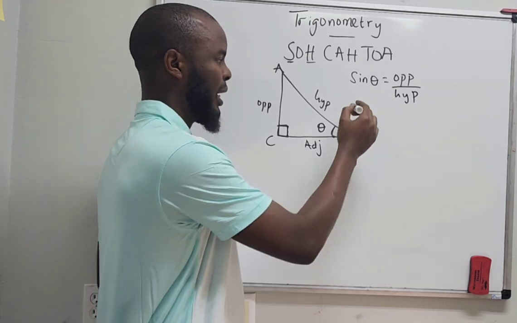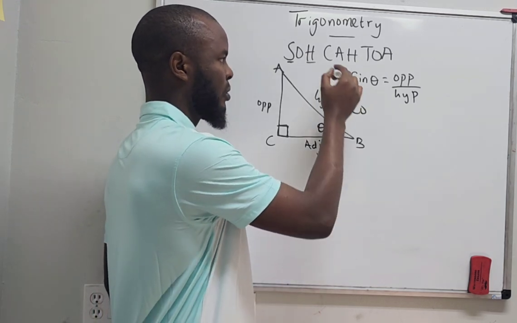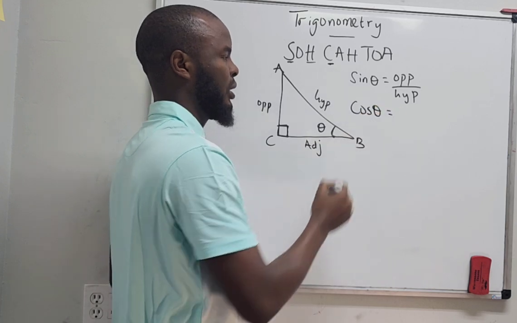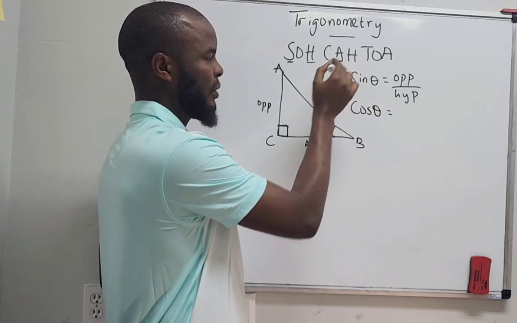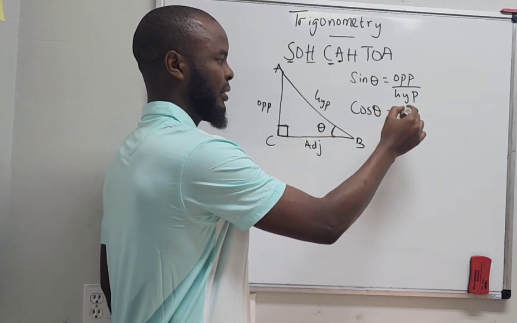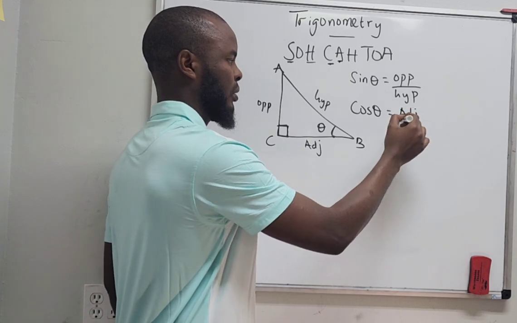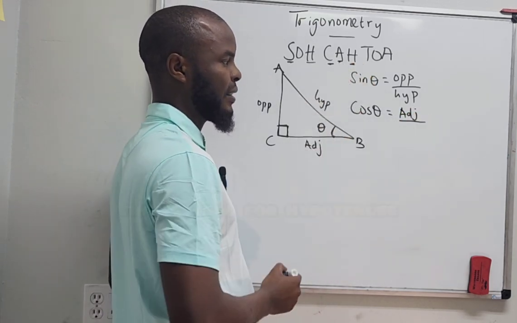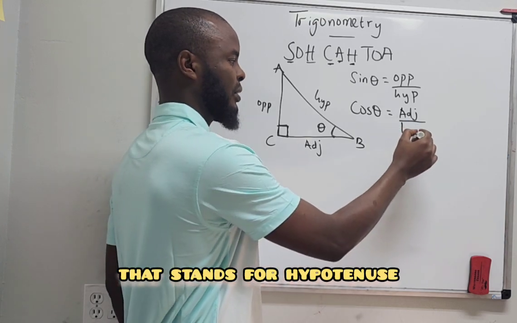Secondly, we have C, which is cos theta, equal to A, which stands for adjacent, and H, that stands for hypotenuse.